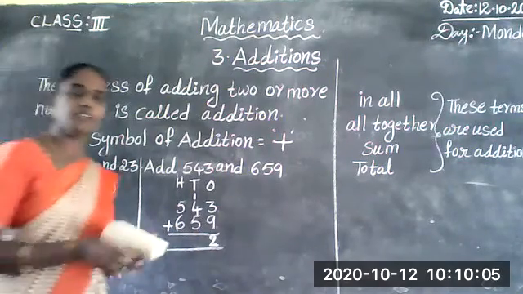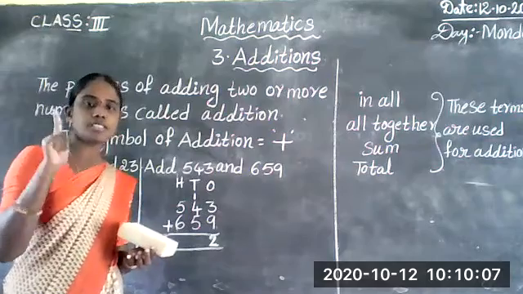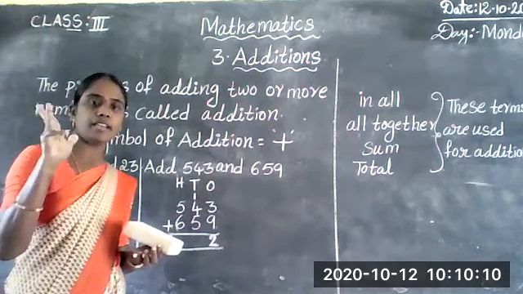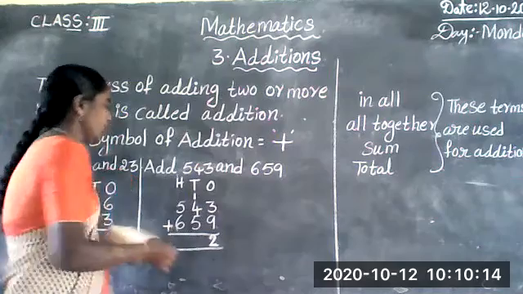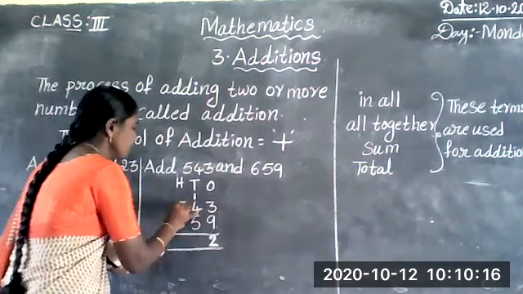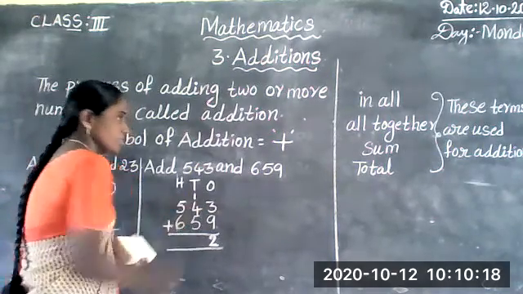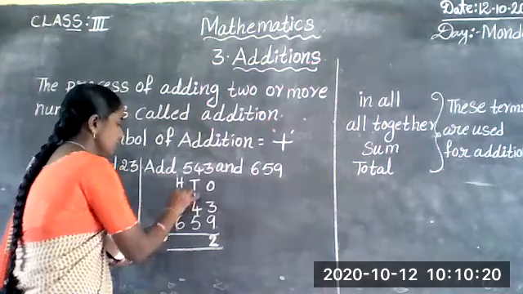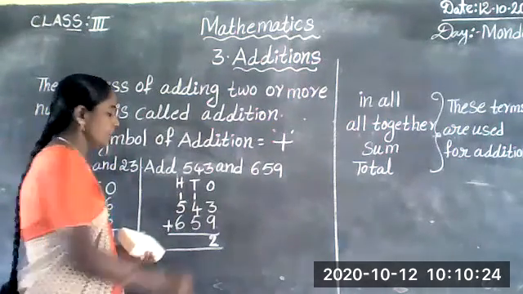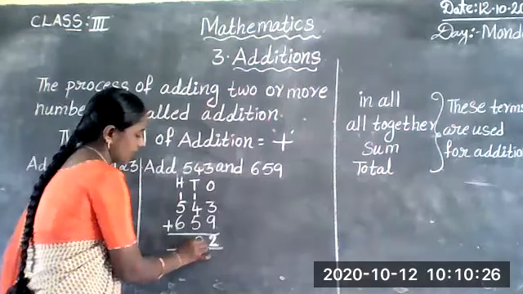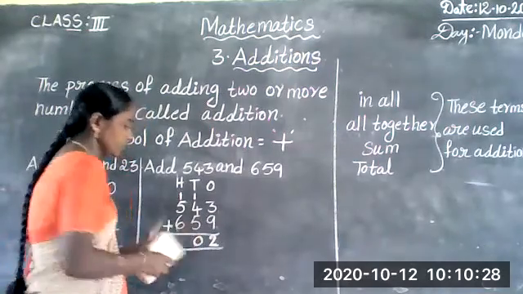Count 5 after 5: 6, 7, 8, 9, 10. 5 plus 5 is 10. 10 is also a two-digit number, so we carry 1 to the hundreds place and write 0 in the answer, in the tens place only.